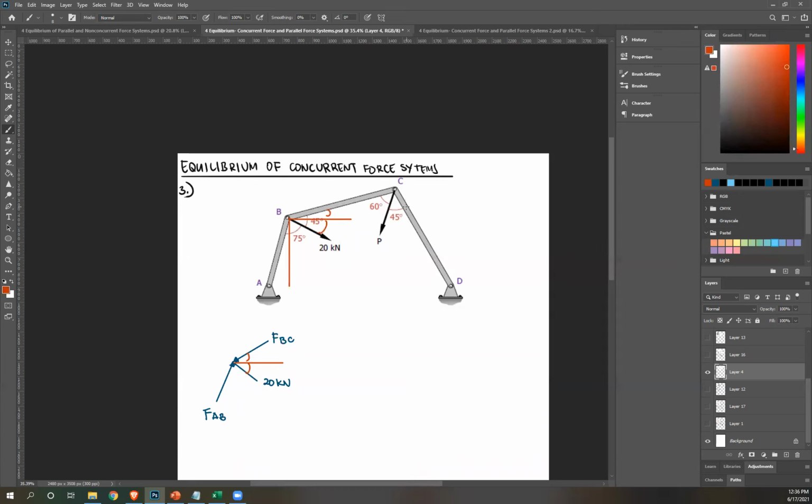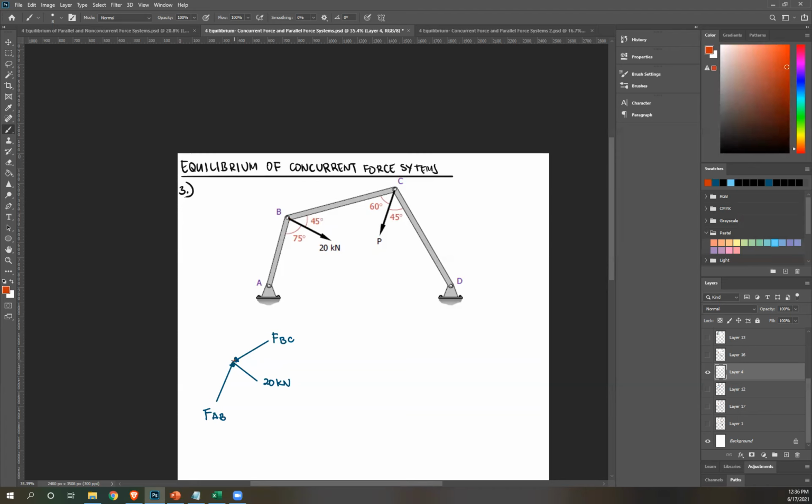So instead, we can do the method 2 for free body diagrams, which is to either rotate your forces so that one of them will lie on an axis, or to just choose one of your forces as the axis itself. So let's do that. I'm gonna choose FBC as the axis because we have angles from that point, or from FBC, member BC.